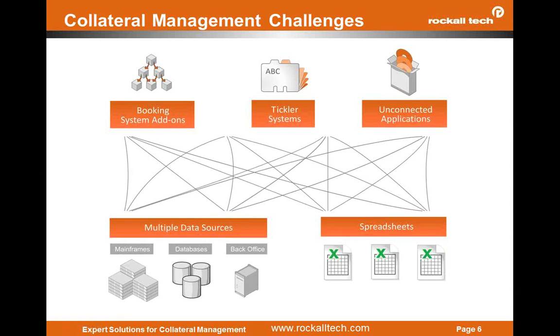So the before picture, or the collateral management challenges. What you're seeing here is basically a series of systems which are unconnected really to any great degree, and this might be okay for a very small organization with a very small number of non-purpose loans.